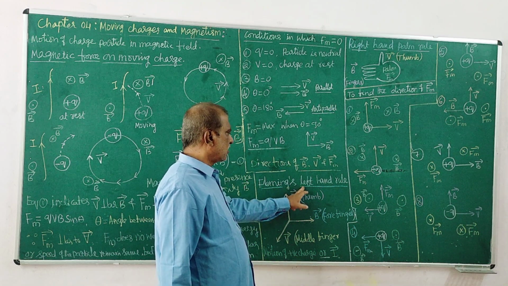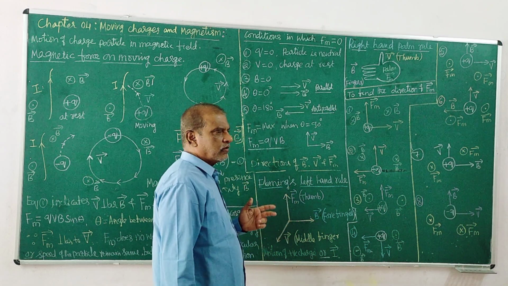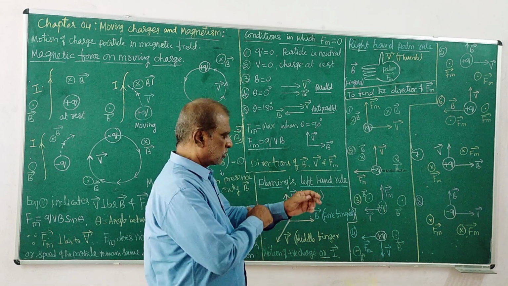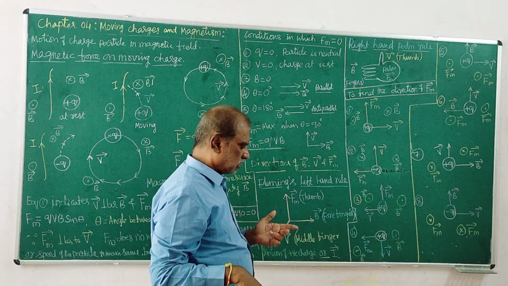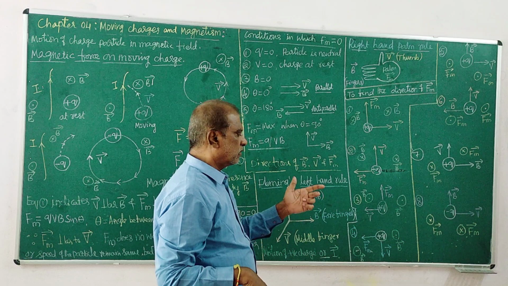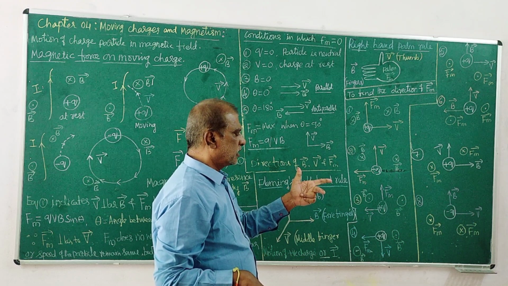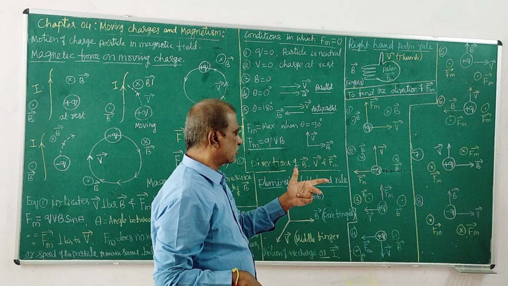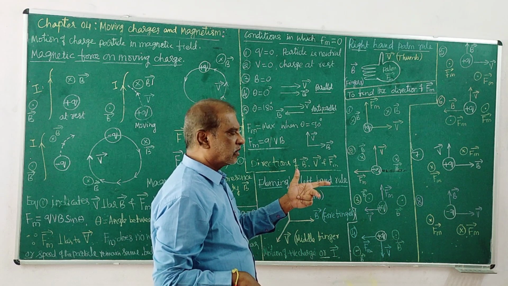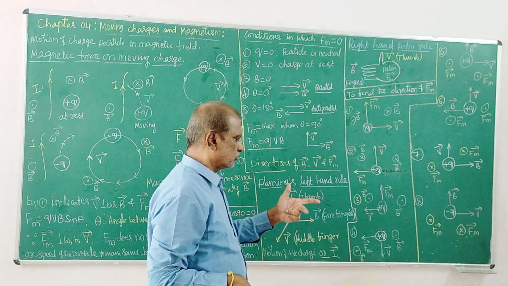For Fleming's left hand rule, we have to use our left hand. We have to hold our left hand like this, by stretching the first three fingers perpendicular to each other, like this.